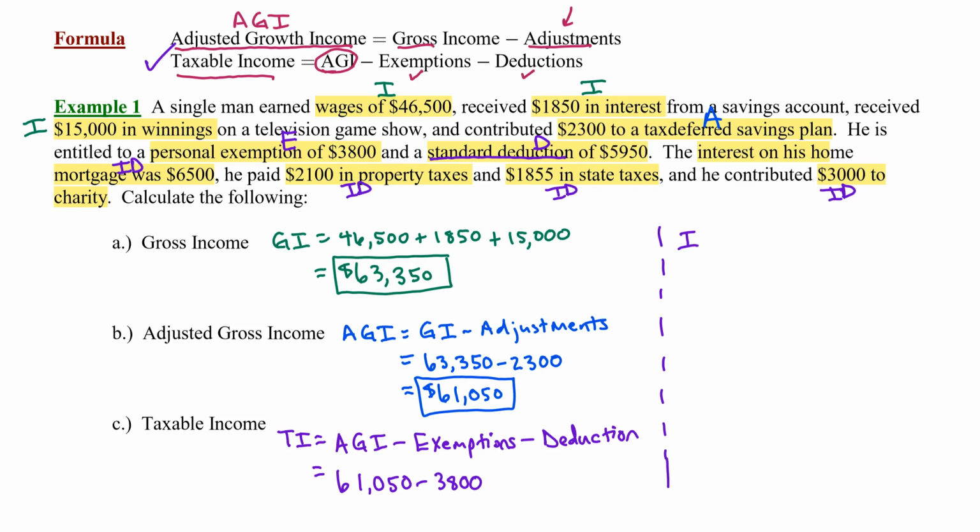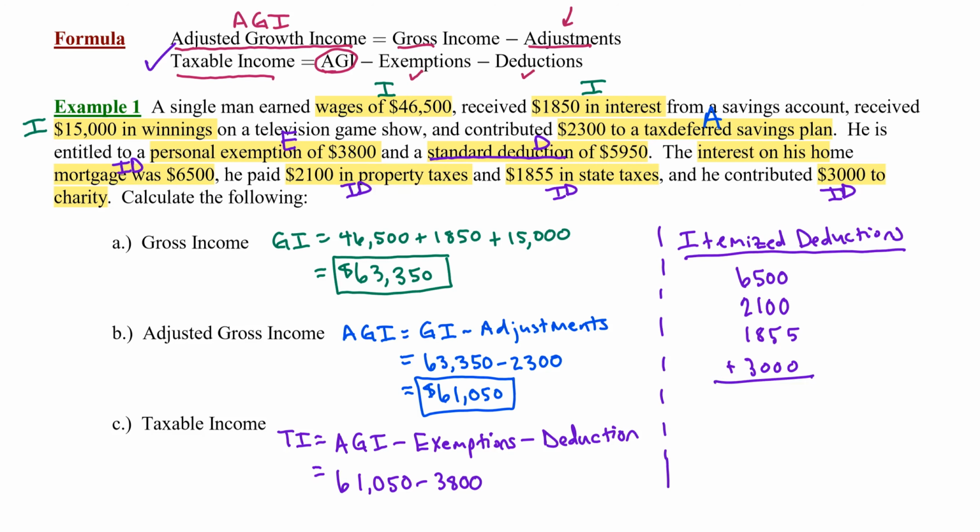Let's figure out the itemized deductions. So we're going to add up, now excluding the standard deduction, his home mortgage interest of $6,500, $2,100 in property taxes, $1,855 in state taxes, and $3,000 to charity. Let's add those together.